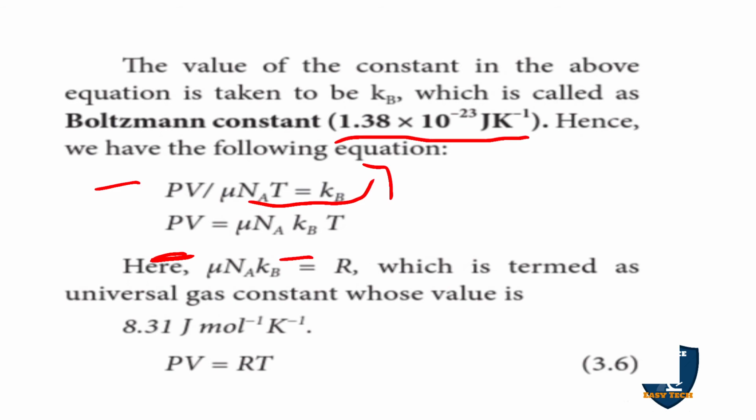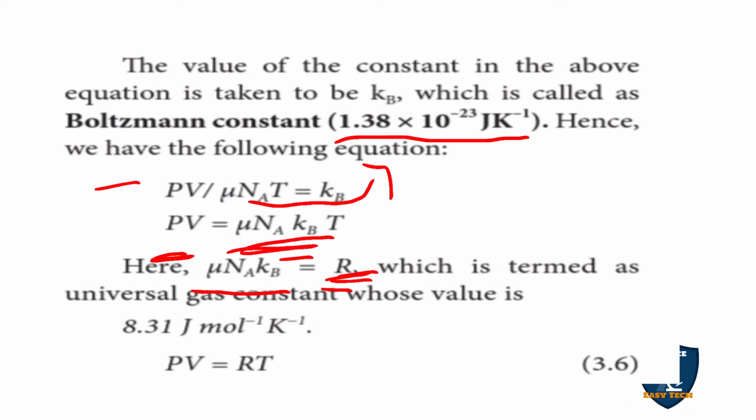Hence mu N_A Kb is equal to R, and R is termed the universal gas constant.